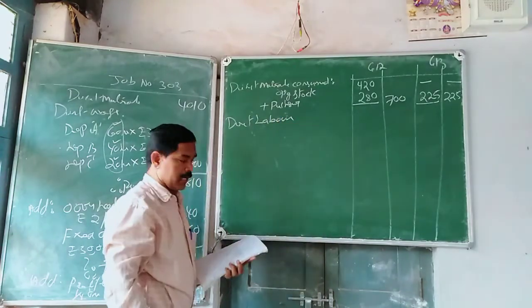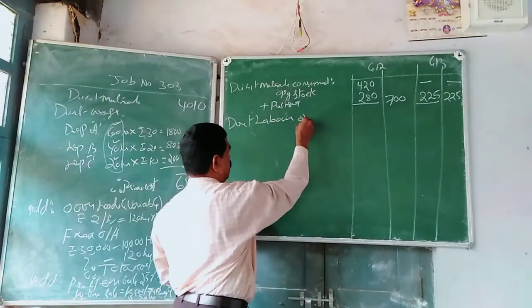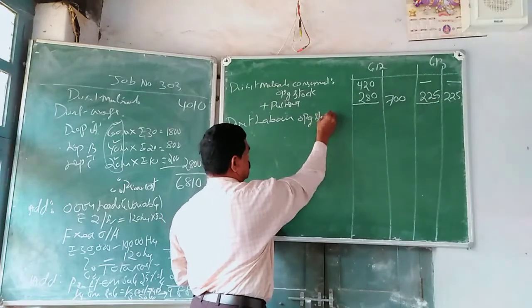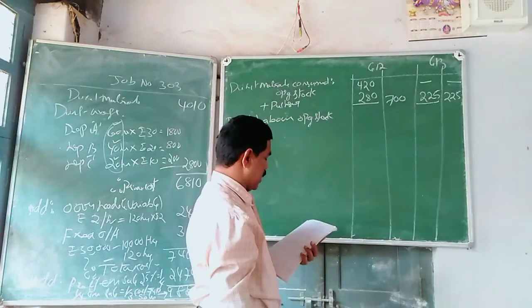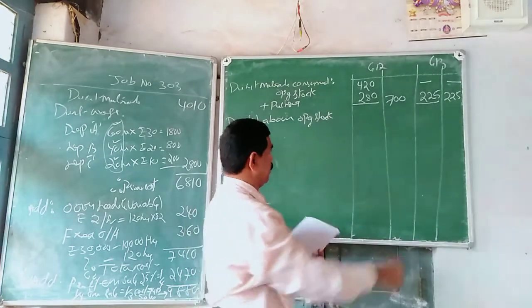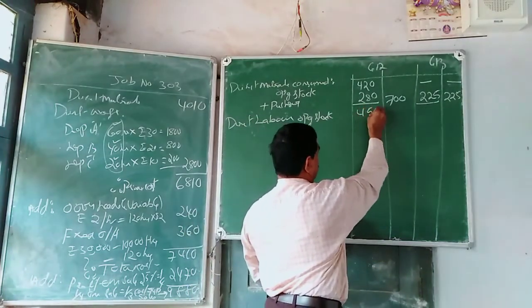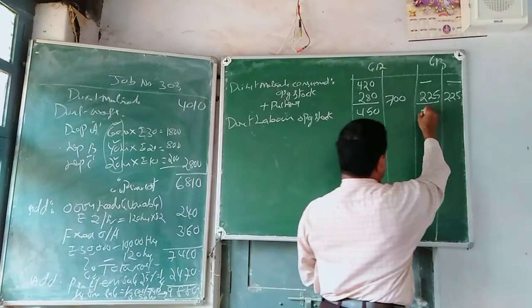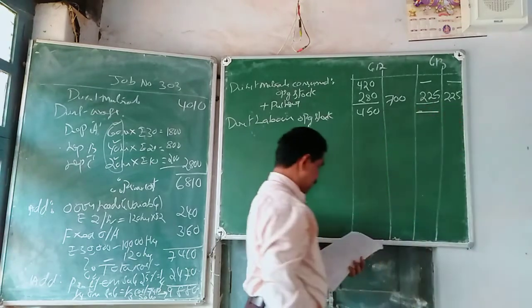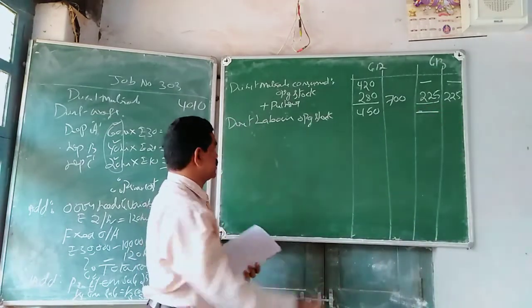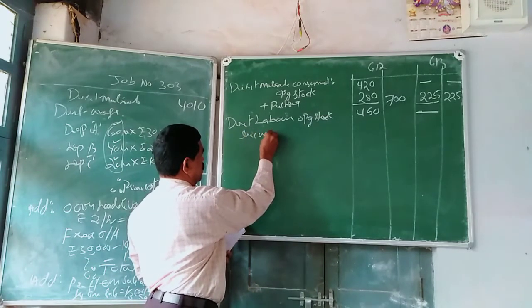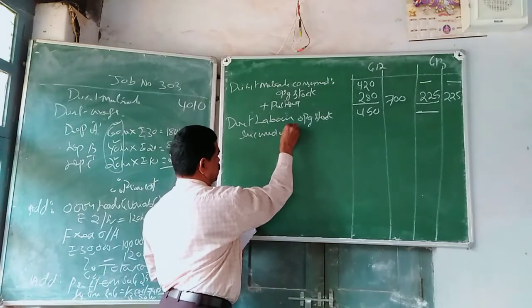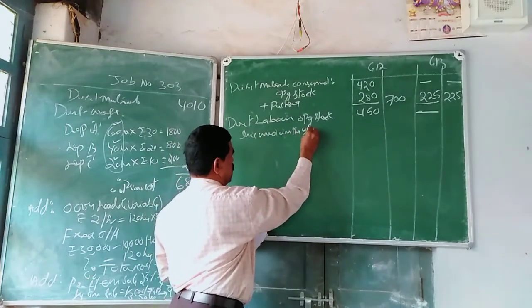Direct labor. Again opening is there. Opening for job number 612 is 450. For 613 it is nil. Then incurred during the year is also given, so it should be added.